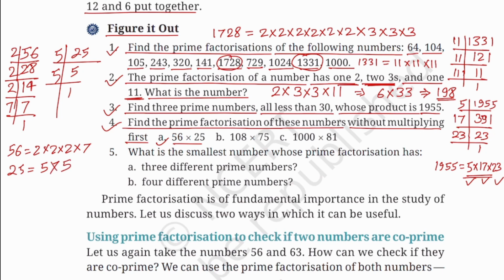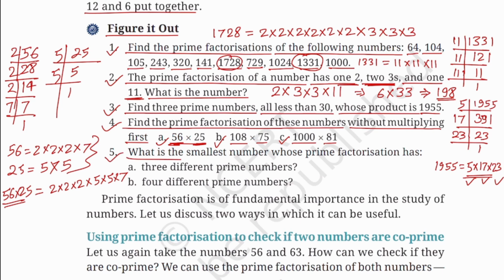So the product of 56 and 25 has the prime factors 2 into 2 into 2 into 5 into 5 into 7. That is all numbers present in the prime factorization of 56 and 25. Similarly, you can do B. 108 into 75, C. 1000 into 81.